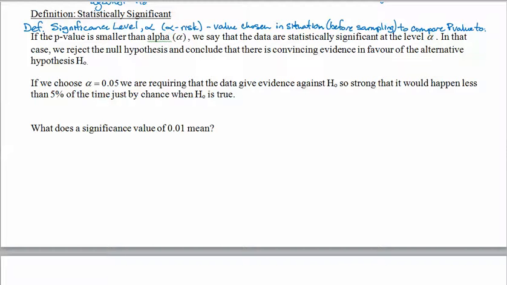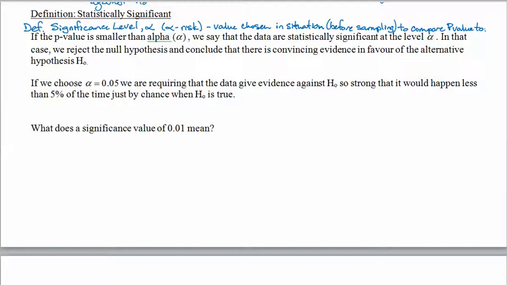If this is work that's being done for an organization or for whoever's wanting the analysis done, they will have to decide what value they want their significance level to be.